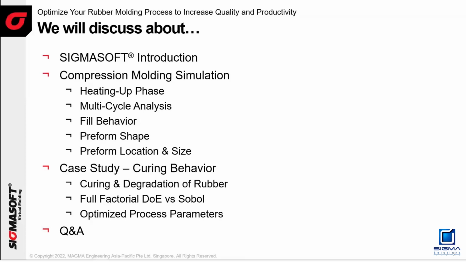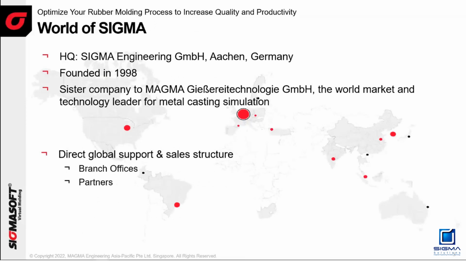Let's move on with SIGMA. The world of SIGMA: SIGMA Engineering GmbH has its headquarters in Aachen, Germany. It was founded in 1998. SIGMA is the sister company of MAGMA, the world market and technology leader for metal casting simulation.